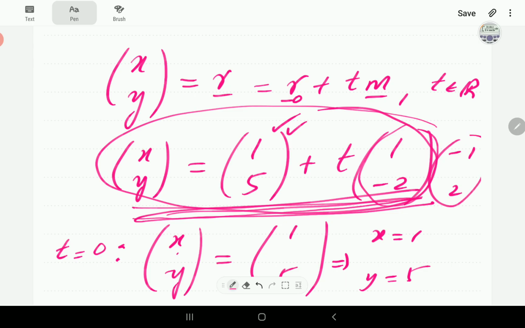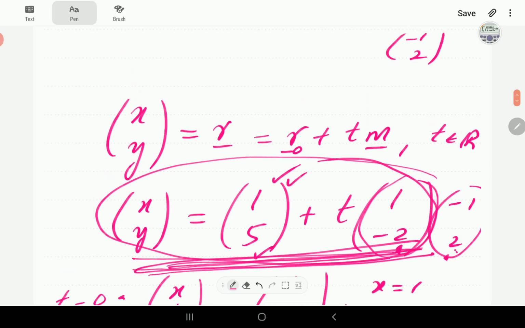So that means when the vector form of the equation is asked for, there is no one unique version of it. It can be so many versions, but the general guideline is that this point must be on the straight line. These vectors must be parallel, so these must be constant multiples of each other.